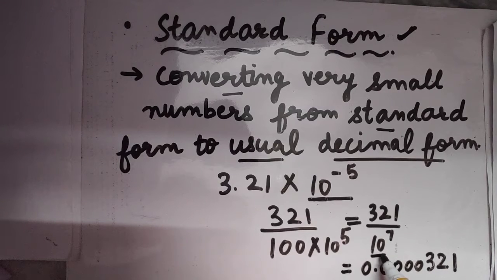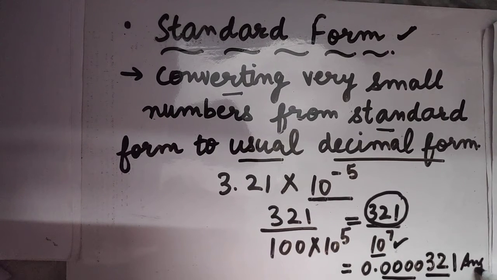Here the exponent is 10 raised to the power 7, so after the decimal, 7 digits should be there. 3 are already there, so I need to write 4 zeros. So this is how I need to express standard form into decimal form.